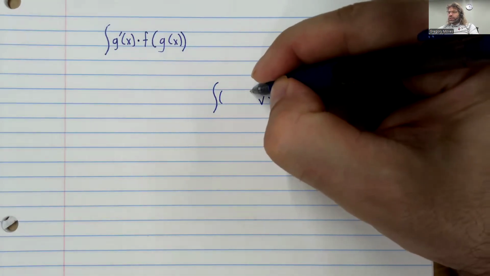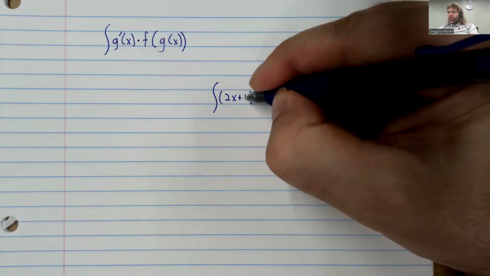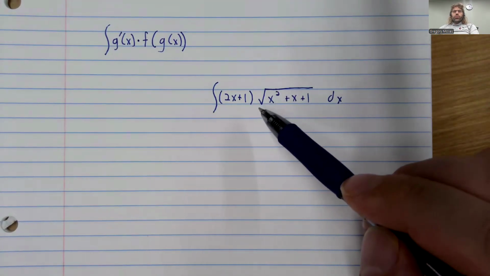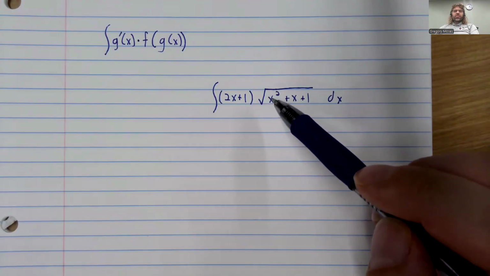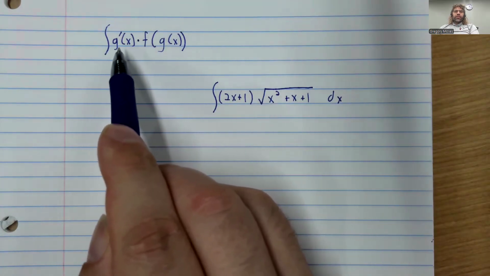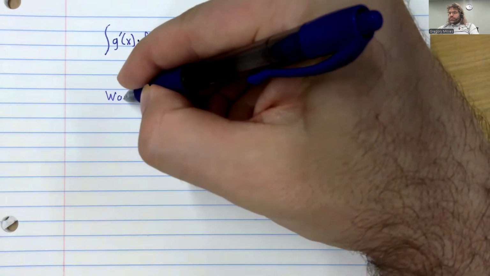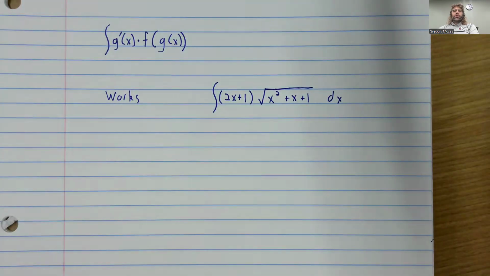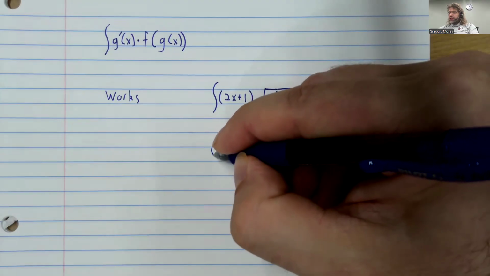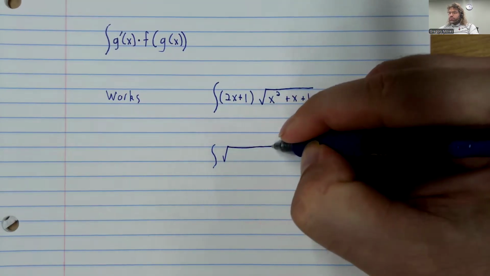If we happen to have a 2x plus 1 in front of the square root, we'll be able to integrate this using substitution. We've got the composition and we've got the derivative of the inside function. So here, substitution works.